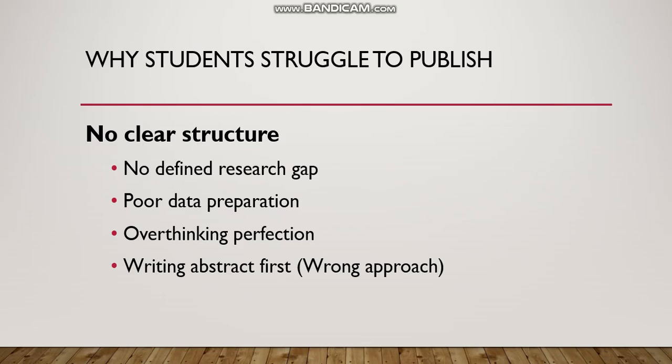And during analysis, they struggle on how to analyze their work, thereby creating a gap and frustration. Also, others overthink perfection, and the biggest mistake is writing the abstract first when you don't know whether you will be able to do the work or not.